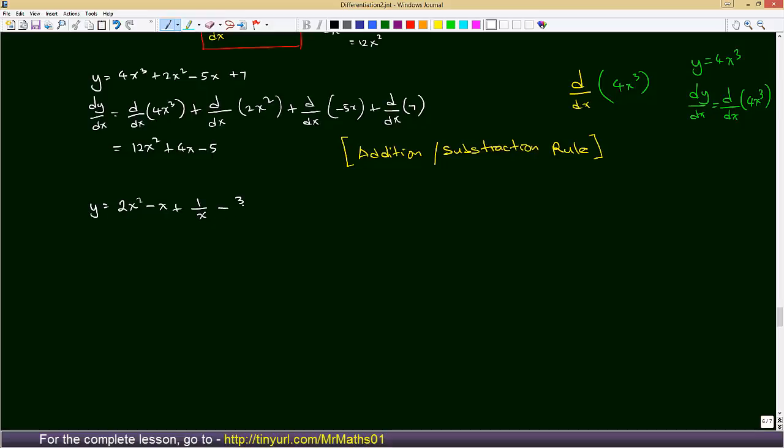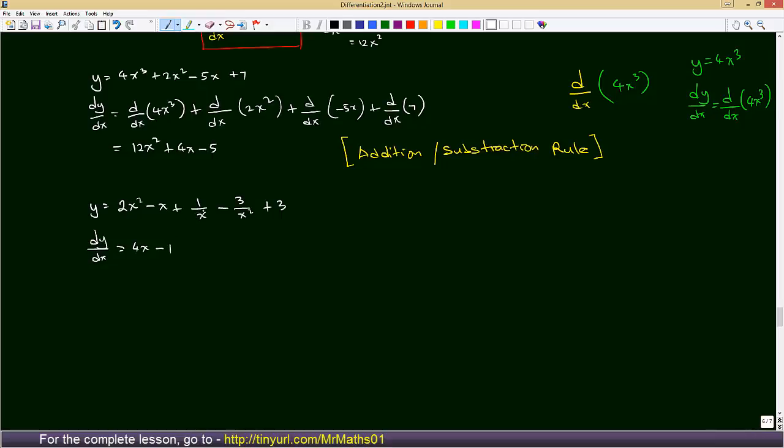Minus 3 over x squared plus 3. So what is dy/dx? dy/dx is the differentiation of each single term inside it. What is the differentiation of 2x squared? Equal to 4x. What about minus x? Minus x, differentiation is minus 1.